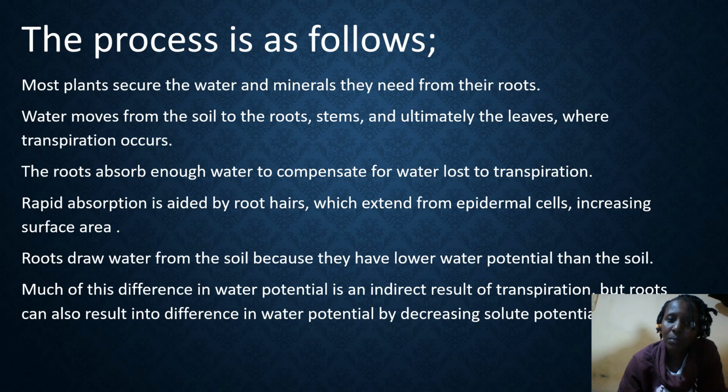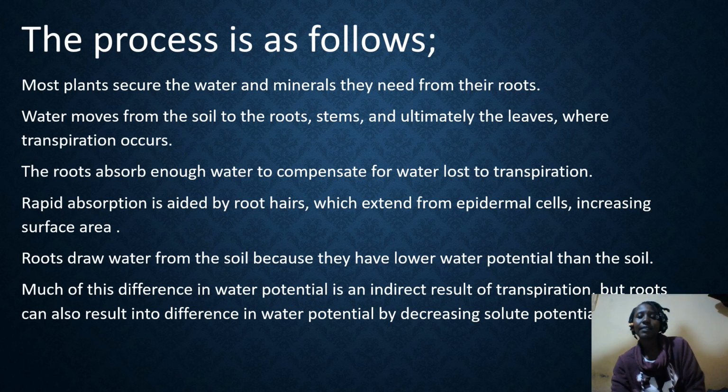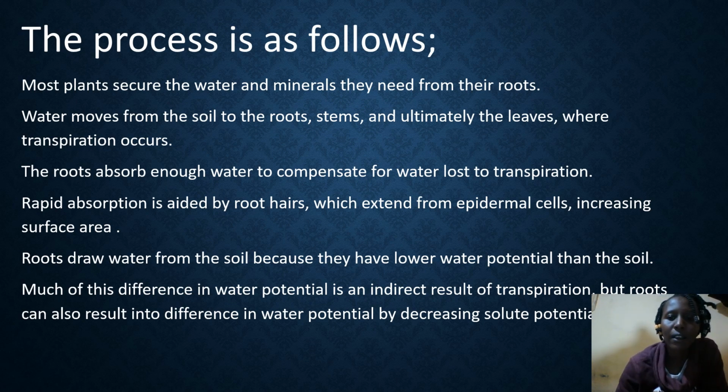Water moves from the soil to the roots, stems, and ultimately the leaves, where transpiration occurs. The roots absorb enough water to compensate for water lost by the plant to transpiration.